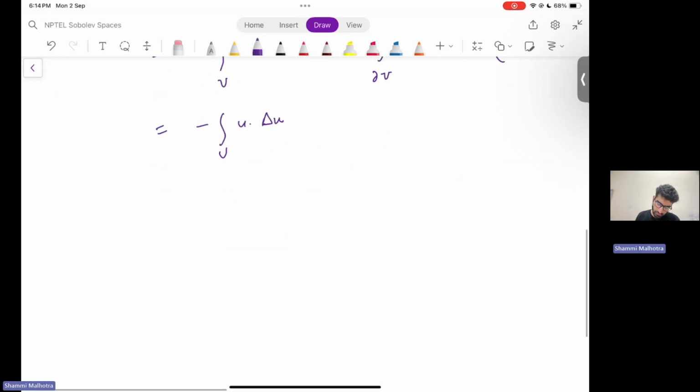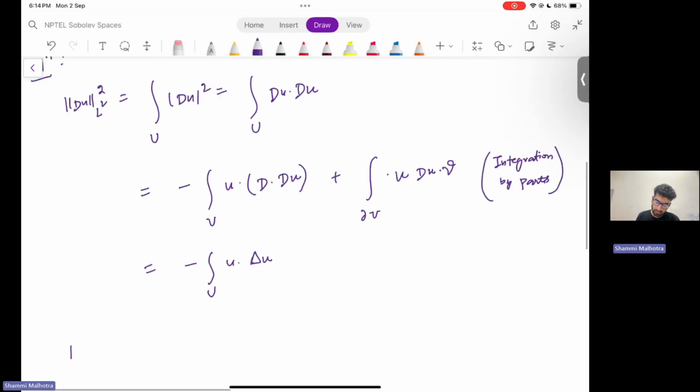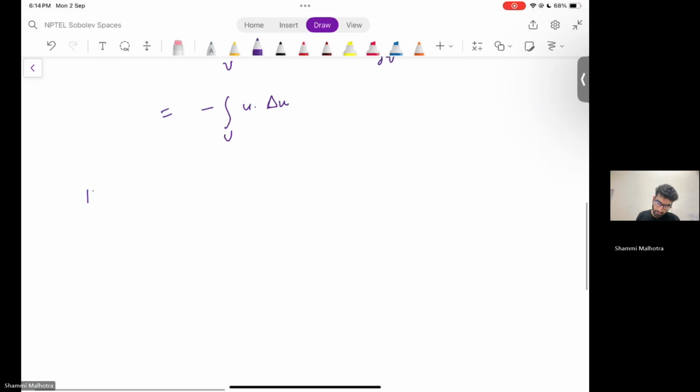Now I can use Cauchy's inequality to eventually land up with the norm of Du in L2 squared being less than or equal to the integral of mod u times mod Laplacian u.